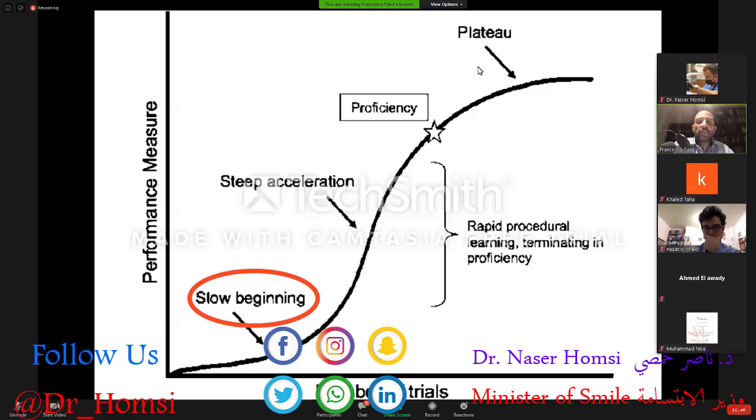Results arrive in a very, very fast way, and then we go to proficiency and then a plateau, and at that point we are able to do segmentary arch technique cases. But the risk is to stop ourselves at the initial part of the slope when we see that we obtain results in a relatively slow manner, because studying biomechanics can be quite difficult. But if we do not surrender and we hold on, we can go to the steep acceleration and we can learn biomechanics.